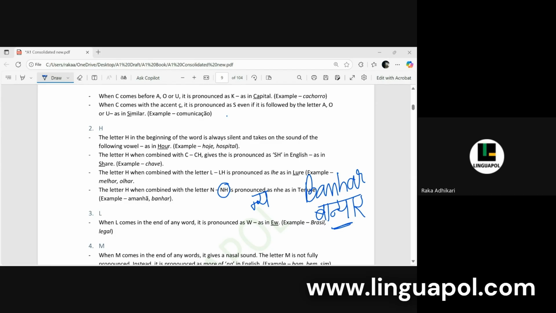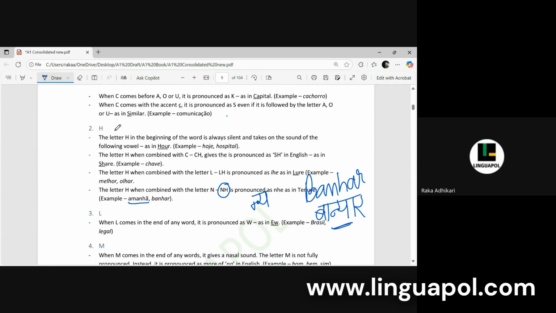So initially we can just learn it as banhar, but later on we have to develop this into more of an advanced accent. So this word here is amanhã. Amanhã means tomorrow. So we have two examples here, amanhã, tomorrow, and banhar, to take a bath.